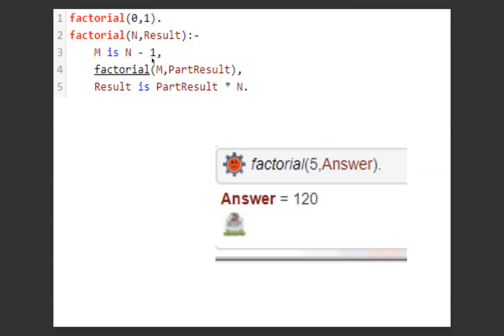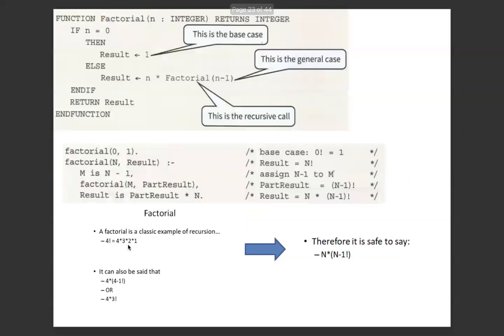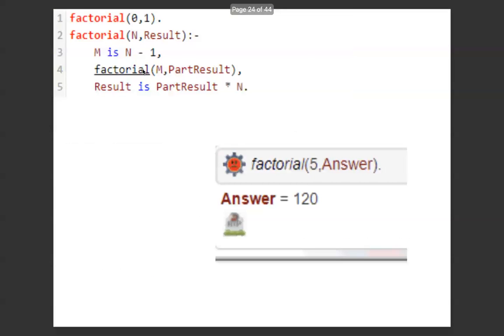So my factorial of 4 will become my partial result. And when I come back, the real result is the partial result multiplied by the value of n. As you remember here, the factorial of 4 is actually 4 multiplied by 3 factorial. So if the factorial of m is the partial result, the actual result is the partial result multiplied by n.